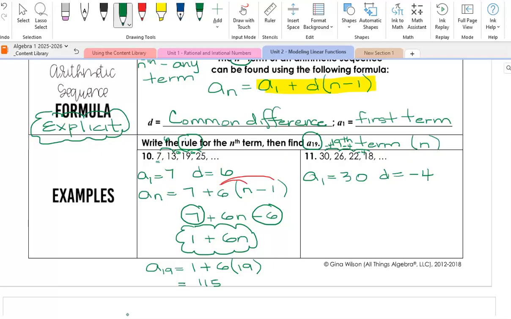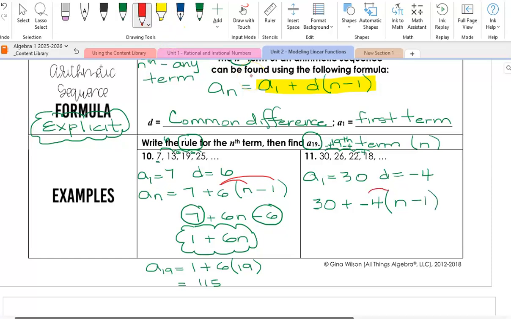Now we're going to write our rule. So it's 30. Now, instead of positive D, we have a negative D. So this is negative 4. You also could write it like this. You won't see it this way, but you could. Times n minus 1. Remember, we must distribute. So negative 4 times n is negative 4n.